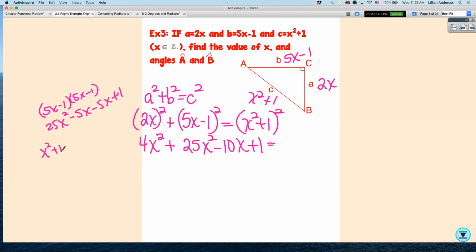FOIL. x squared times x squared is x to the 4th power. Very good. This gives me x squared, another x squared, and a positive 1. So this becomes x to the 4th plus 2x squared plus 1.